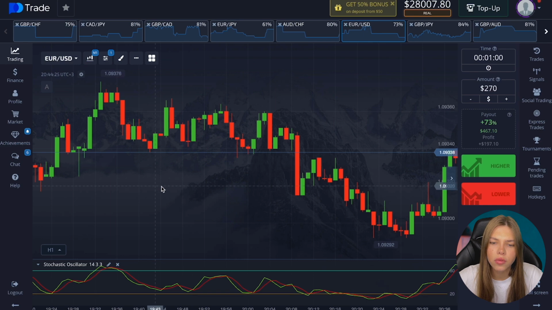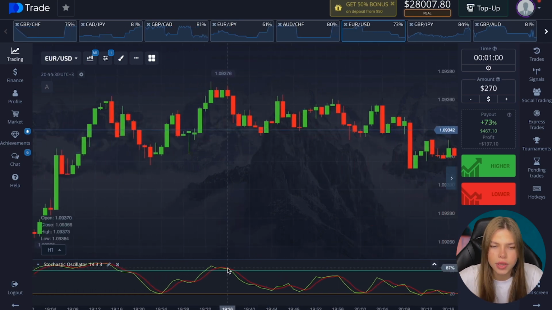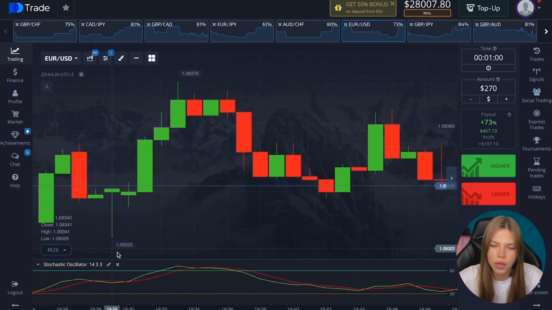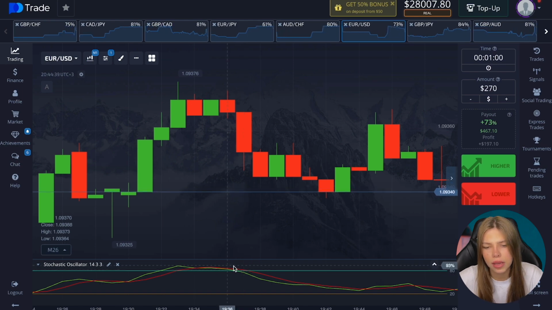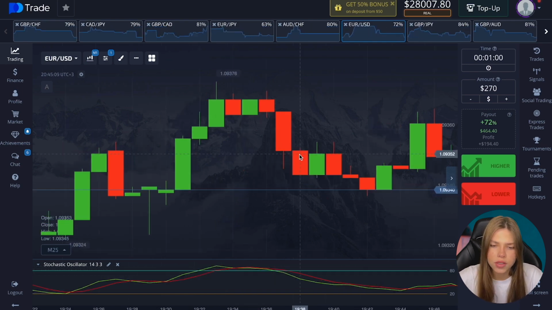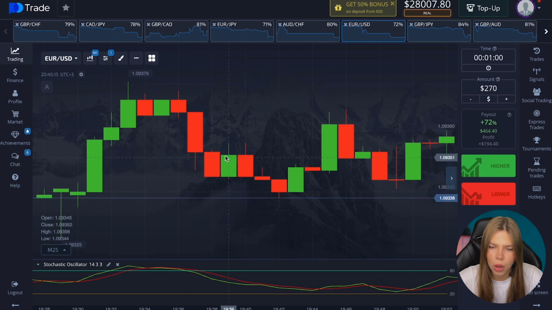Unfortunately I can't zoom the indicator here normally. If we see that our two lines have crossed, turned around and gone from the maximum into the neutral zone, and the slow line, the red line in our case, is higher than the green fast one, this is a signal for trading. Here's our deal open, on a new candle. Let's say our deal opened here.